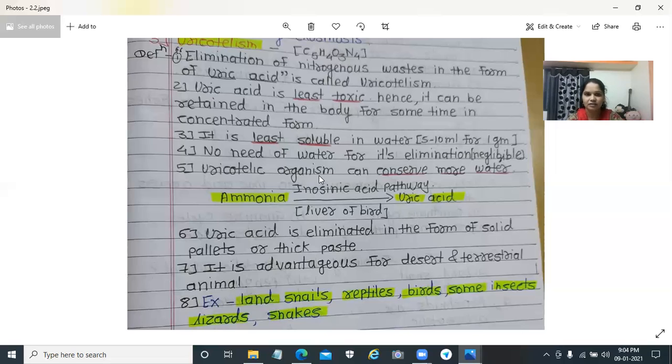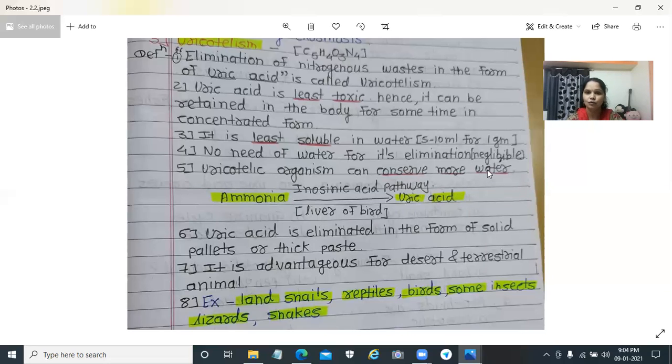Uricotelic organism: again the same definition. The organism which eliminates the nitrogenous waste material in the form of uric acid is called a uricotelic organism, and they conserve more water.